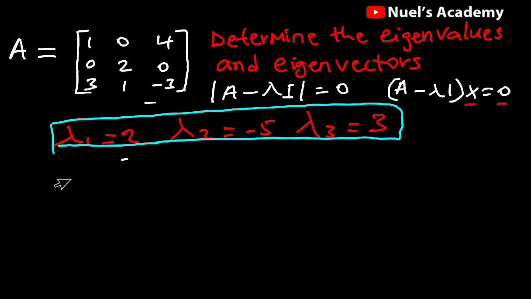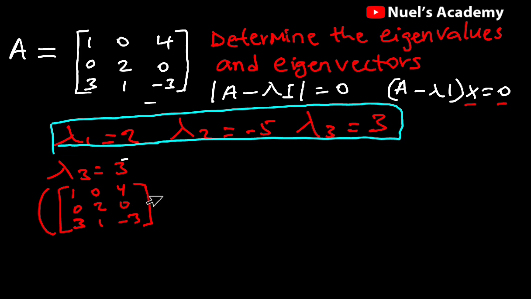I want you to pause this video and try this one out. Just solve it. So when lambda 3 is equals to 3, we're still going to apply this formula. So A is 1, 0, 4, 0, 2, 0, and 3, 1, minus 3.